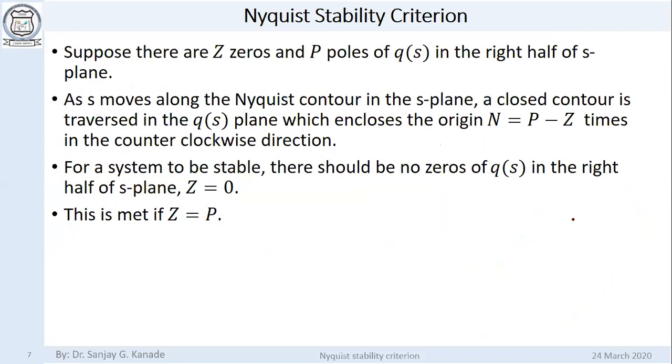Suppose there are Z zeros and P poles of QS in the right half of S plane. As S moves along the Nyquist contour in S plane, a closed contour is traversed in the QS plane which encloses the origin N is equal to P minus Z times in the counterclockwise direction. Now, why is it so?